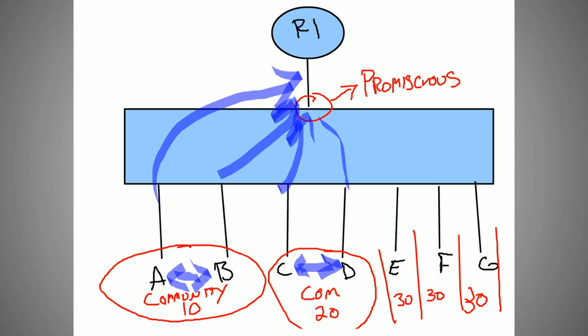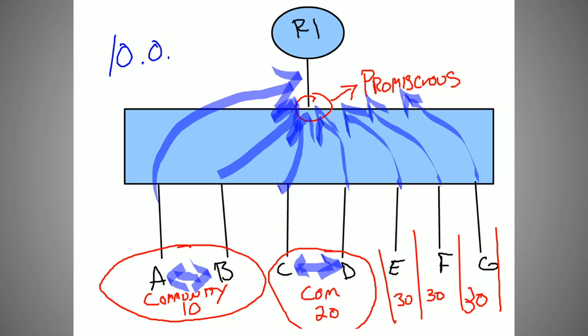Then E, F, and G, they will be able to talk only to the router. But the key here is that everyone normally would be in the same IP subnet. So we'll say everything is 10.0.0.0/24. So we don't need to worry about splitting up the layer 3 segmentation. We're bringing this segmentation down into layer 2, into the VLANs.